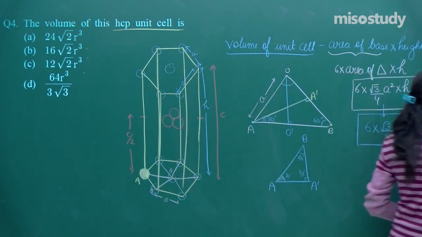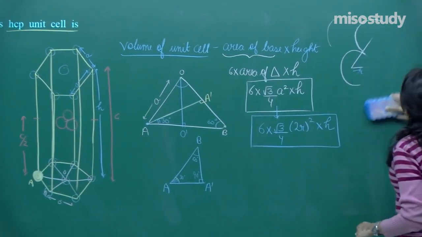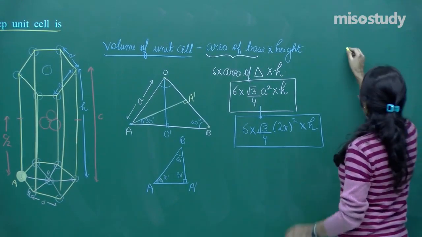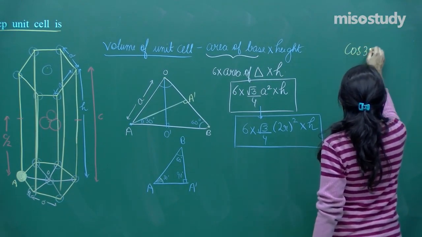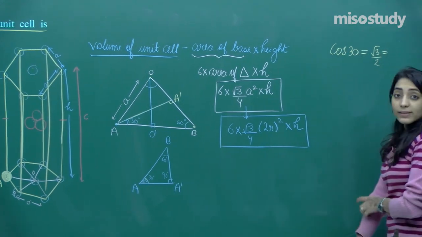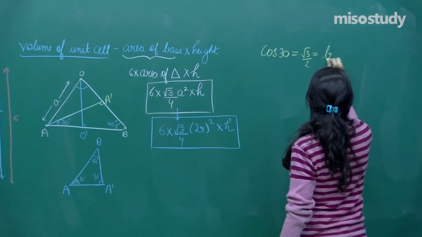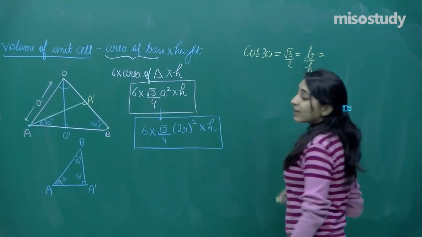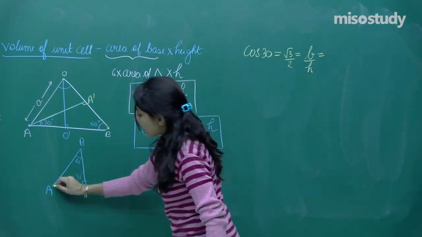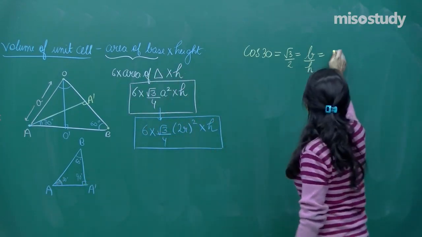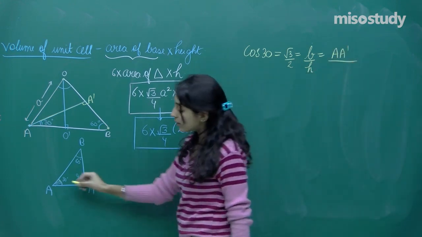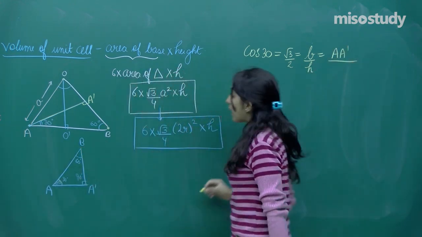So from this particular figure, if I ask you to calculate the value of cos 30, which is under root 3 by 2. Cos 30 is written as base by hypotenuse. So what is the base? Base is AA dash, divided by what is the hypotenuse? Hypotenuse is AB.